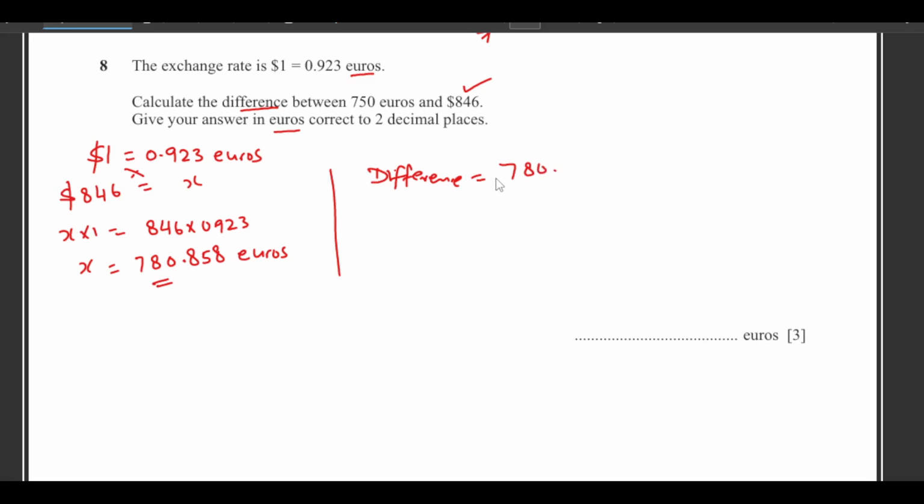I can convert this into 2 decimal places here, 86, right. 780.86 minus 750, 30.86 euros, that is the difference.